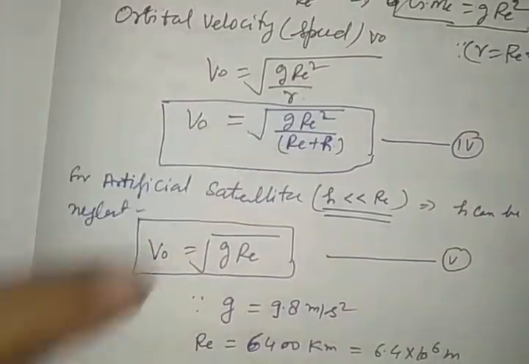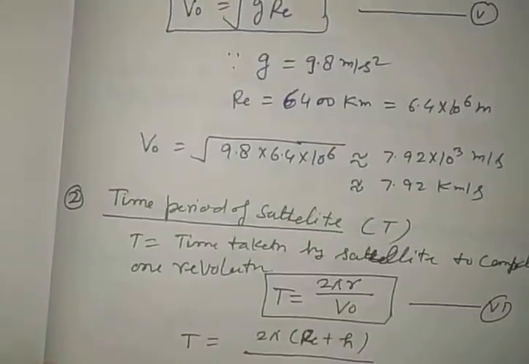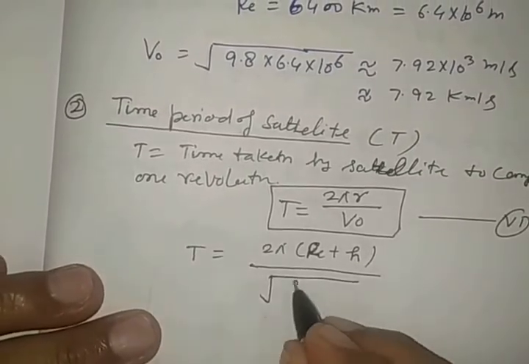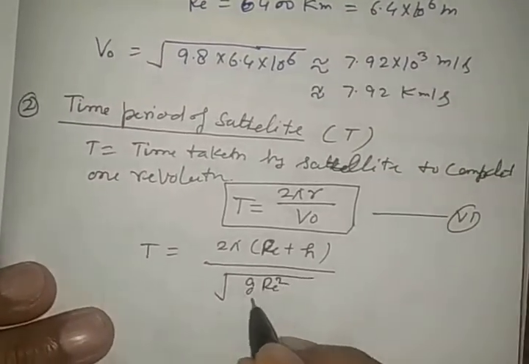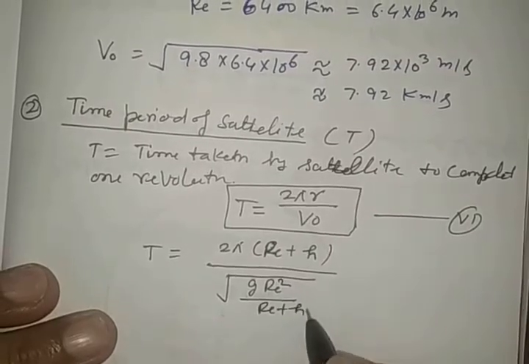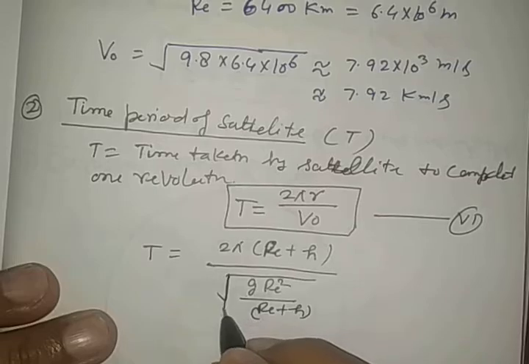Under root G RE square by RE plus H. By putting this value here, under root G RE square by RE plus H, this is total under root.